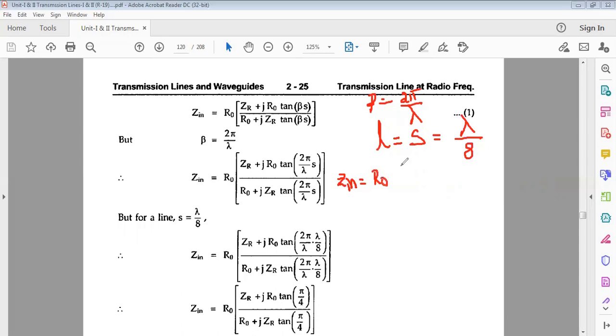Z0, or R0, into ZR plus J into, here the Z0 is replaced as R0, tan beta.